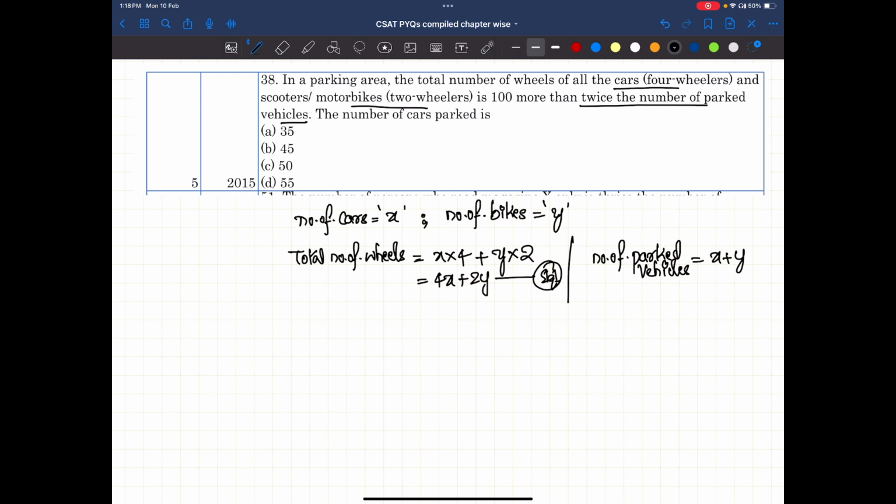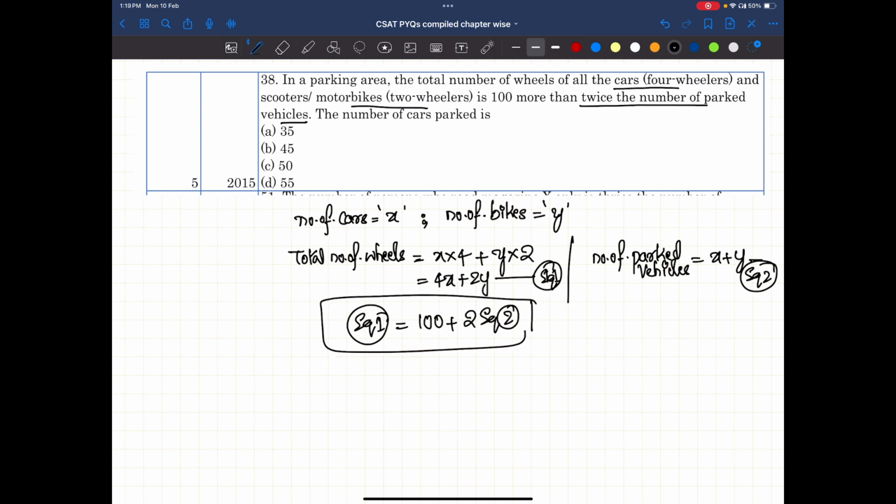That is X plus Y. And the question is giving that this equation 1 is equal to 100 more than twice the number of parked vehicles. This will be equation 2. It is telling that 100 more than means 100 plus 2 times of equation 2, twice the number of parked vehicles. Now let us substitute equation 1 and equation 2 in this equation. Let this be equation number 3.